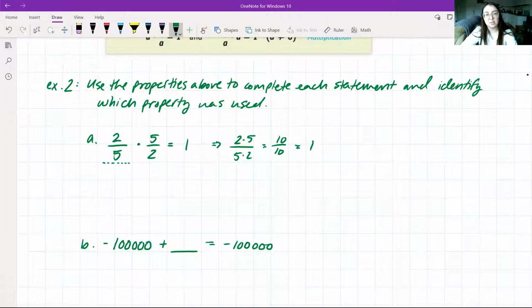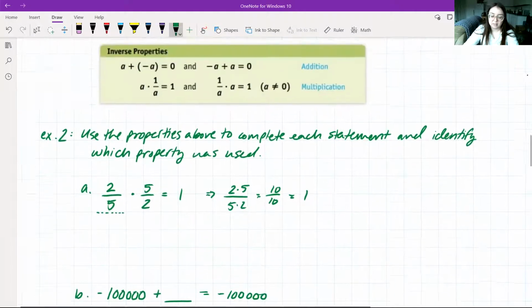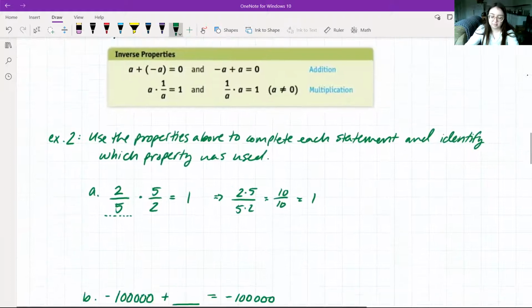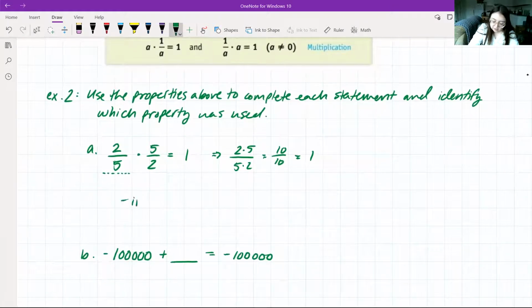So we know that this statement is true. And in this case, since we had to find the number that led us to equal 1, we're using our inverse property.